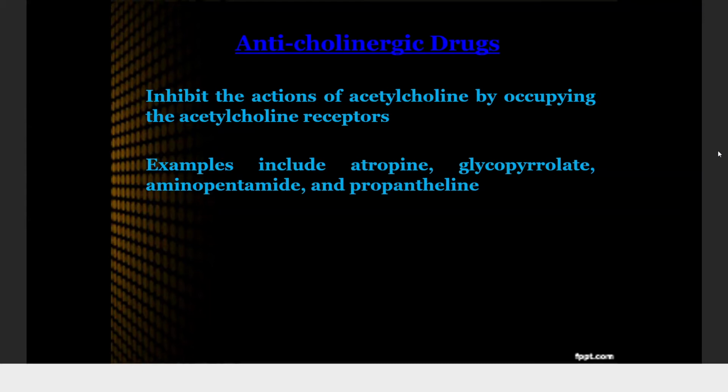So what this tells you is that if you want to give atropine, you cannot calculate, for example, 100 milligrams, and say that 50% is unchanged in the liver, so why don't you give only 50?